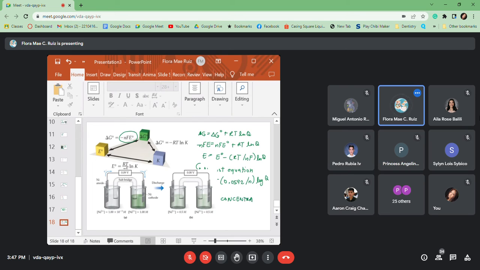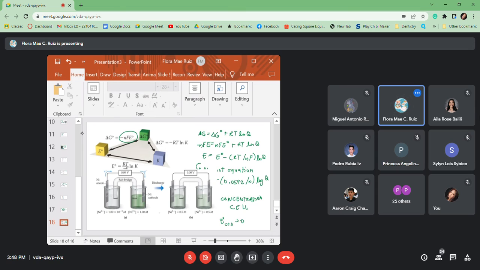For such a cell, your E standard cell is equal to 0, but your Q, or the reaction quotient, would not be equal to 1. So as long as the concentrations at your anode and cathode are different, then your E will not be 0.